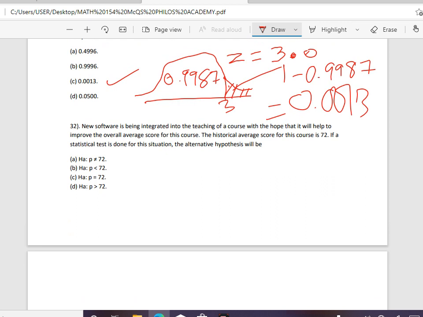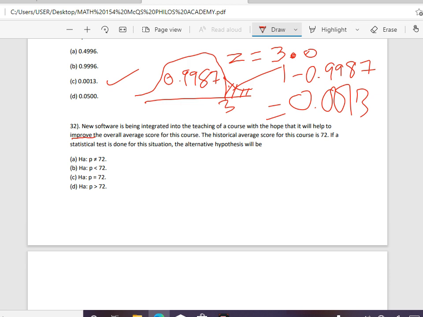Then 32. New software is being integrated into the teaching of a course with the hope that it will help improve the overall average score for this course. The historical average score for this course is 72. If a test statistic is done for this situation, the alternative hypothesis will be what? The question says the hope is that it will help improve, and improve means greater than 72.